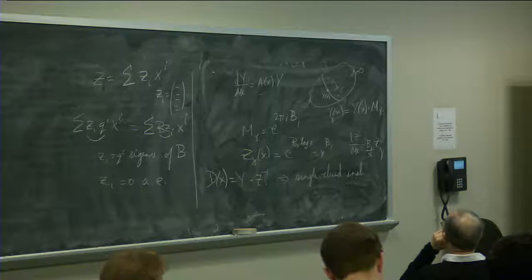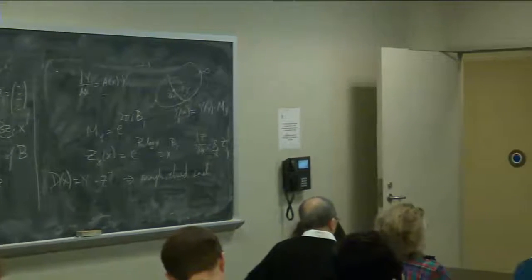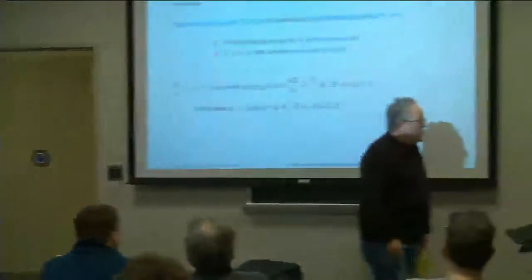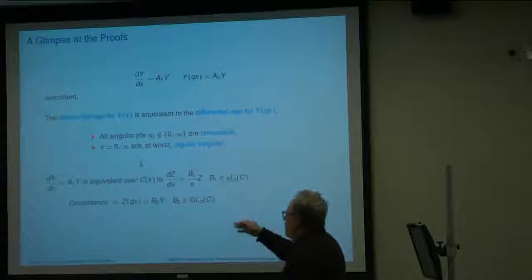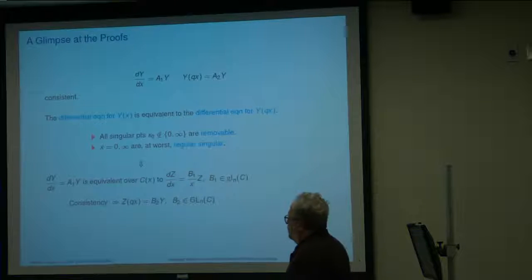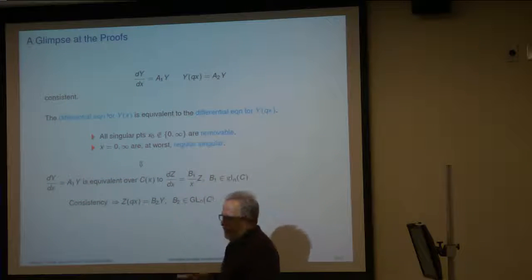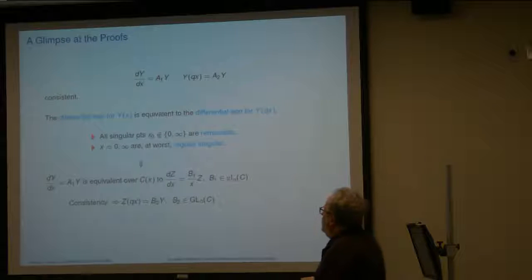So that's the story. And if you do the same thing to the difference equation, if you apply the same transformation, the calculation will give you that it's equivalent to a constant equation. I'm not going to do that. So that's the proof.